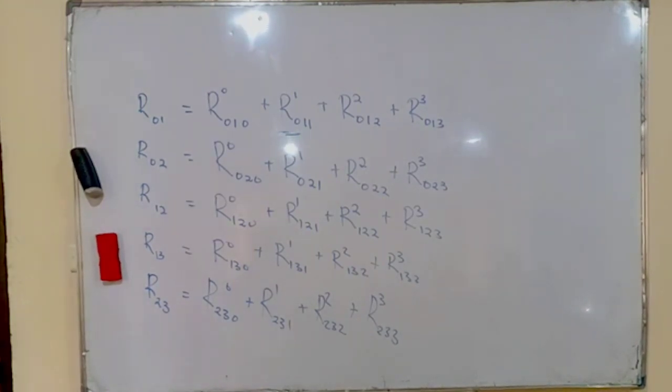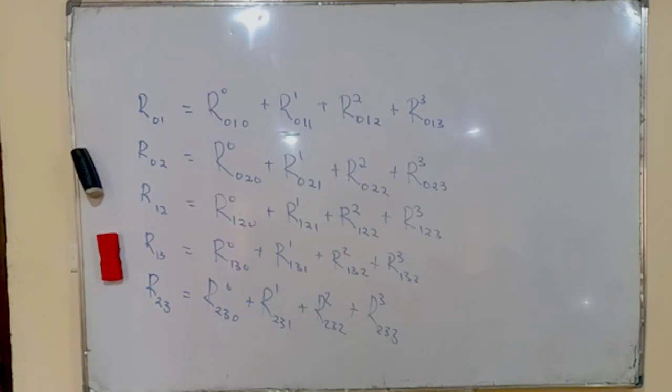So R0230 does not exist. R1231, okay, that 1 2 is missing. And then R232 is also missing.